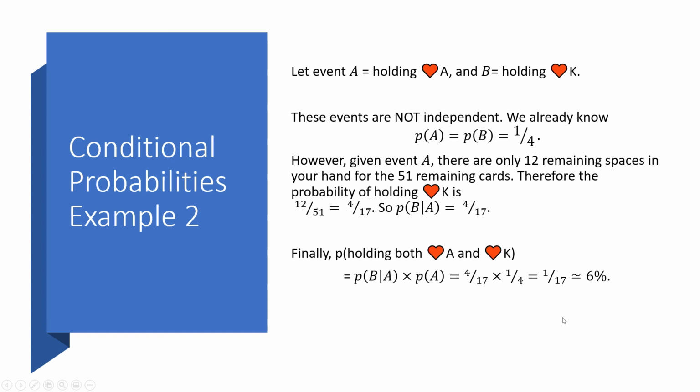So 6% of the time, I'll have both the ace and king of hearts. If these were independent events, of course, I'd have a quarter times a quarter. I'd have a 16th there. So it makes a very small difference, really, but it does make a difference. And as you go further in, as you get more cards down the road, these cumulative differences count for a lot more.